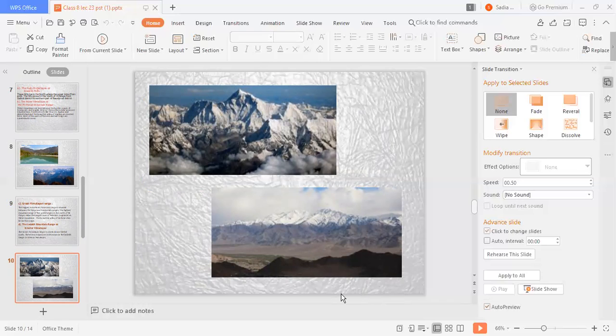You can see that these are the beautiful mountain ranges of the Ladakh mountains, and you can also see that these are the mountains which are totally covered with snow. So you can see a beautiful view of Himalayas there in these pictures.